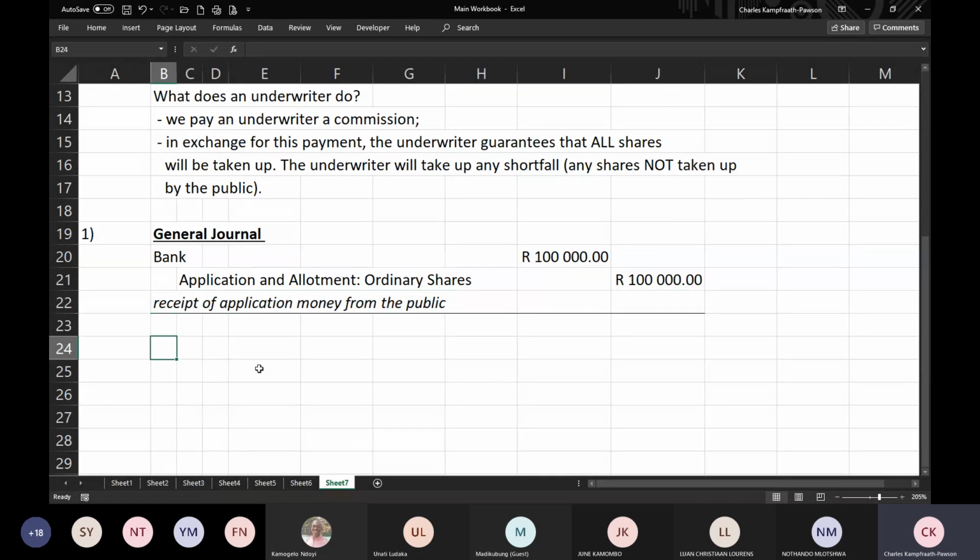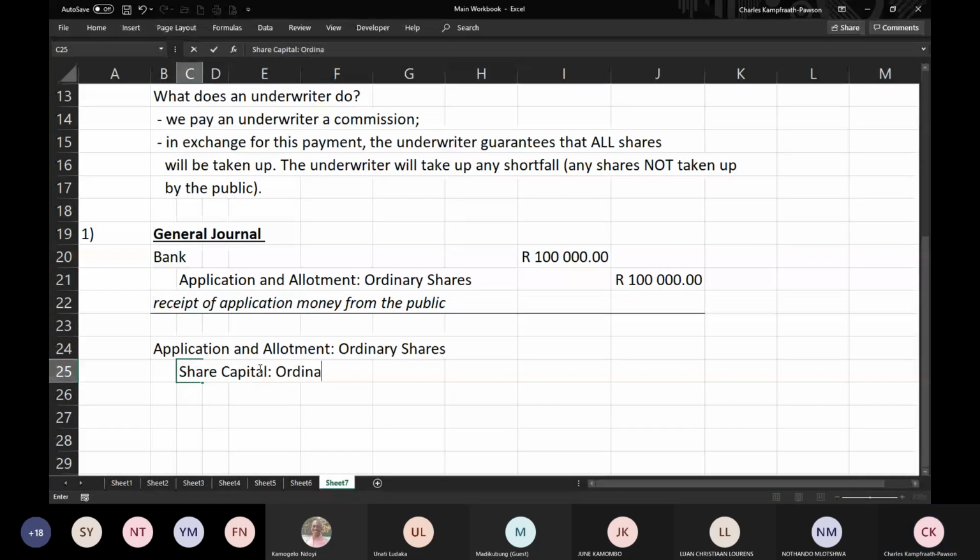The second journal is now the application. So they say all were taken up by the public. We didn't receive more or less, so we can allot the entire 50,000 ordinary shares that we issued. So now we will take that account and we will credit that account. And now we will transfer it to the share capital account. Ordinary shares.